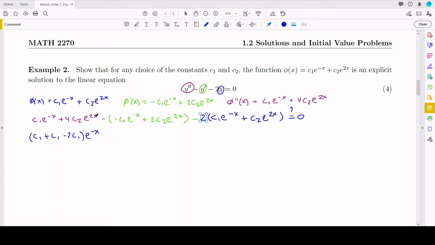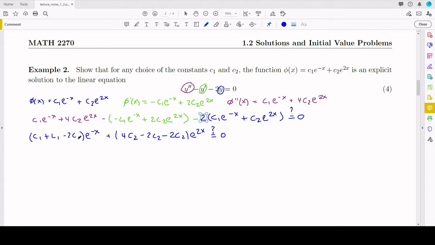And then if we look at all the e to the power 2x, we also have plus 4 c2 minus 2 c2 and then minus 2 times c2, times e to the power 2x. Is that identically equal to 0?